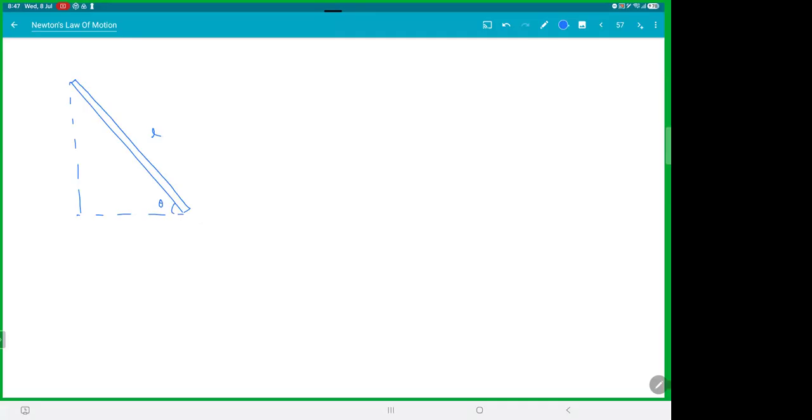This is theta, this is L. Your point D is somewhere here. This distance is small d, so this distance will be d cos theta. This distance will be L cos theta. And this height will be d sine theta. So you're done. x coordinate of D would be (L minus d) cos theta. The y coordinate of D would be d sine theta. Those are your coordinates. You can find the speed also.